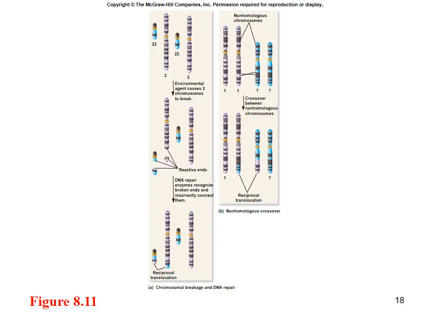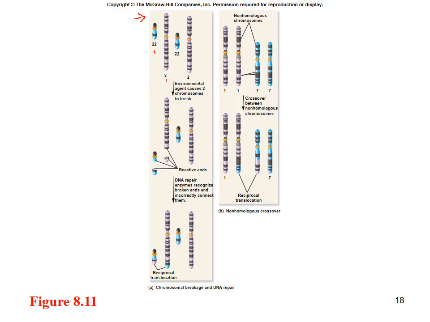So here's a look at what I was just talking to you about. For instance, in our first example, we're going to take a look at some chromosomal breakage and improper DNA repair. You can see that we're looking at chromosome 22 and chromosome 2.